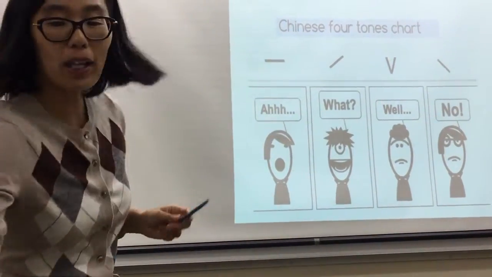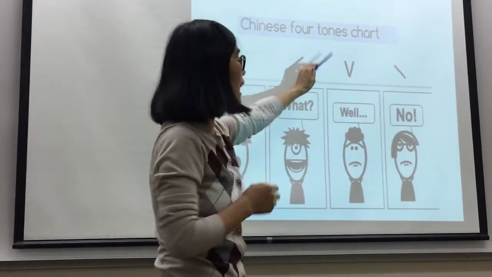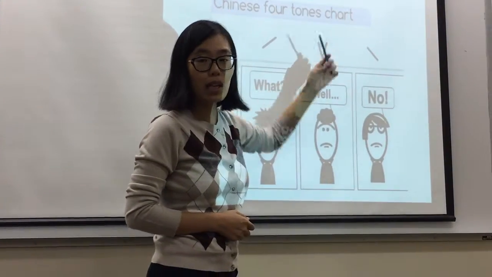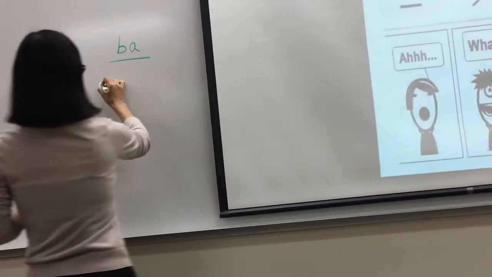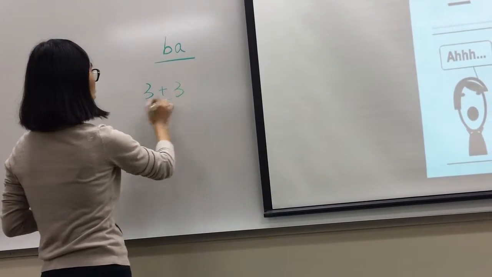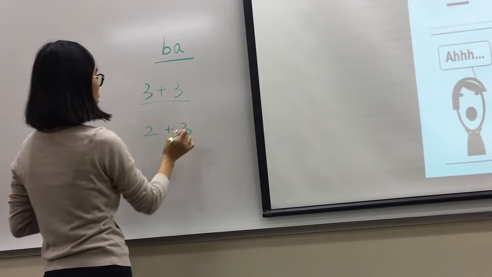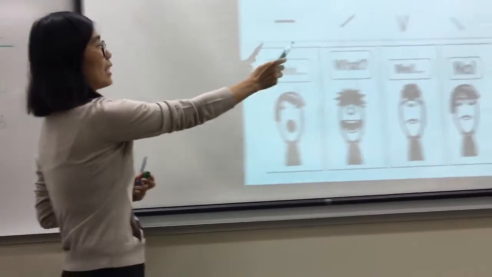So let's go back to what we have learned just now. We just talked about ni hao, remember? Third tone and third tone. But in Chinese, actually, one third tone followed by a third tone will become second tone and the third tone. So ni hao will become which one?